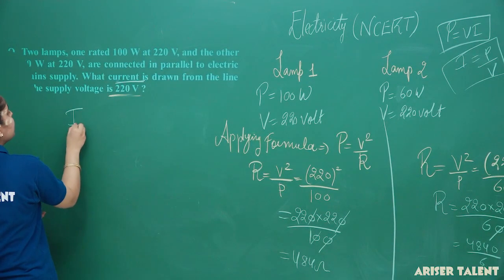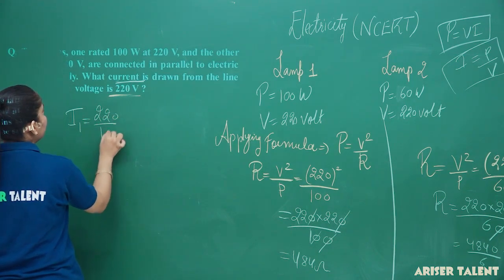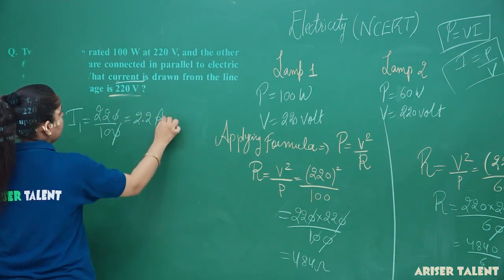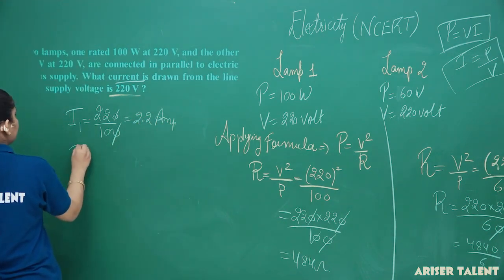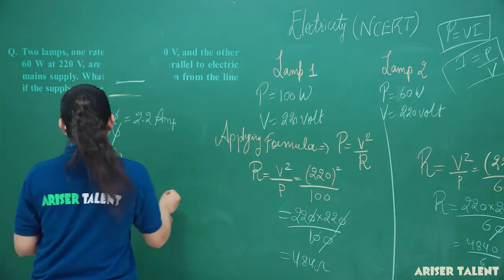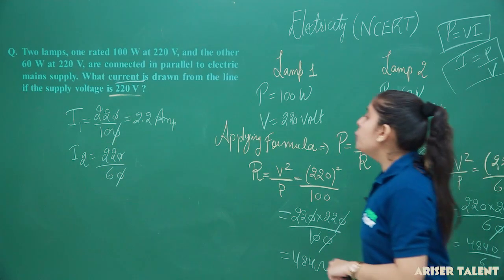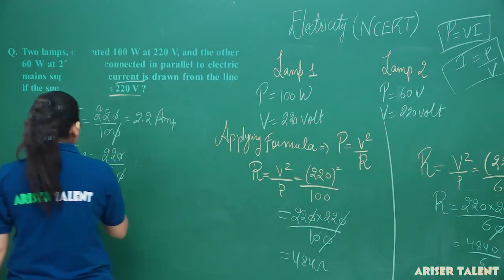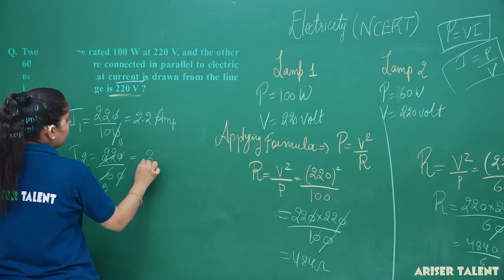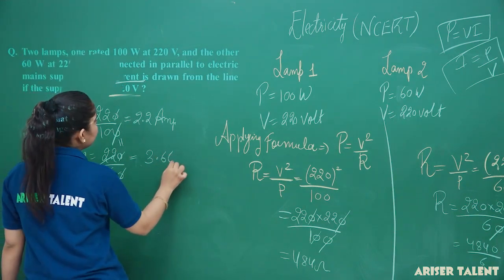In first case, current came out to be 220 upon 100, that is equal to 2.2 ampere. In second case, it came out to be 220 upon 60, and on solving this, what we are getting here is 3.66 ampere.